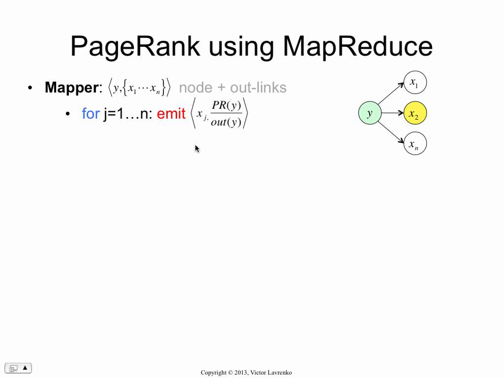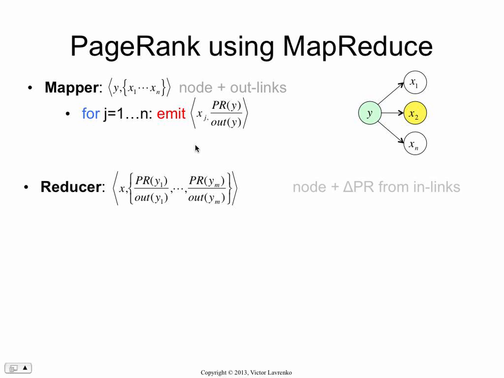For each one of those neighbors, xj, I take my PageRank and divide it up equally: I divide it by the number of neighbors, and I emit that little contribution to each one of my neighbors. So you need xj and the delta. A little portion of your initial PageRank goes to all of your neighbors.